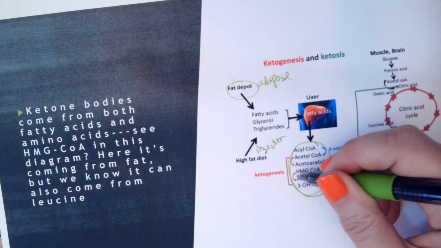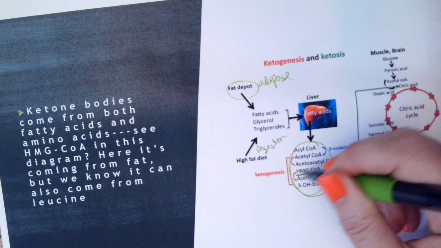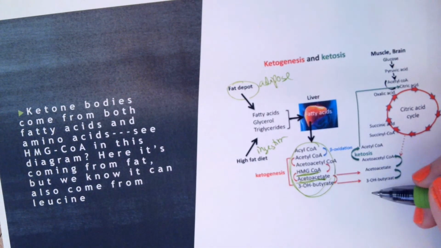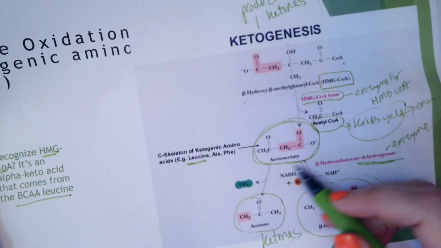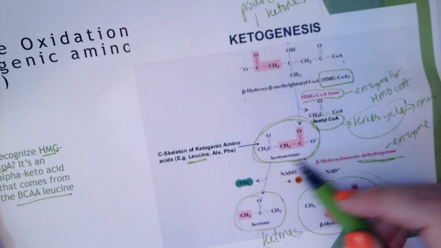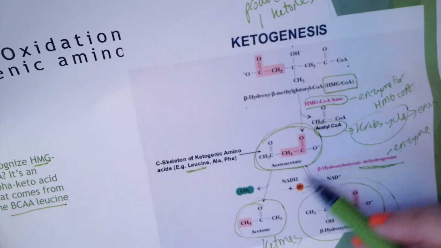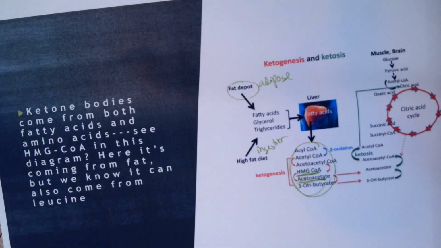We've seen HMG-CoA. Here's our acetoacetate. That was back here. Let me find it. Oh, right here. So here's acetoacetate, that intermediary product between HMG and two ketones.